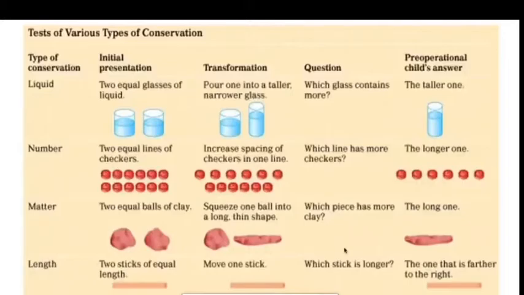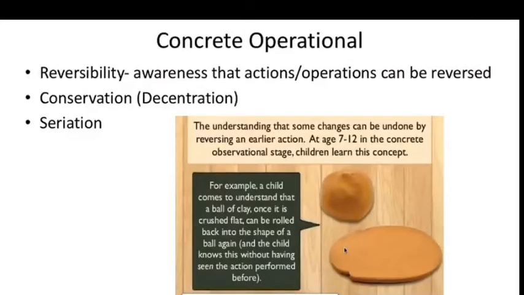Okay, now, the next stage that we have would be your concrete operational stage. Now, nasa school na yung bata during this time, no? That's already at age 7 until 12 years old. So, some important characteristics of the child here would be, first, reversibility, awareness that actions and operations can be reversed.